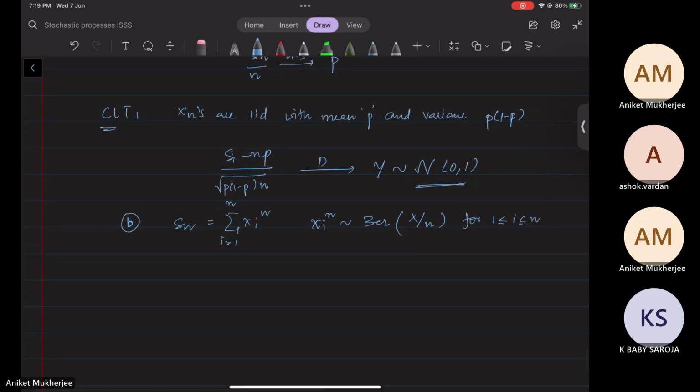So you have Bernoulli distribution. Now we want to show, using central limit theorem or something, what is the limiting distribution of this. I don't think you need to use central limit theorem here, but yeah, we'll see. So probability of Sn equal to k.